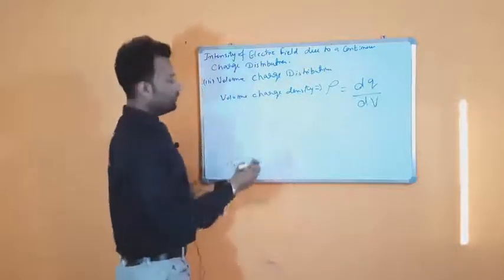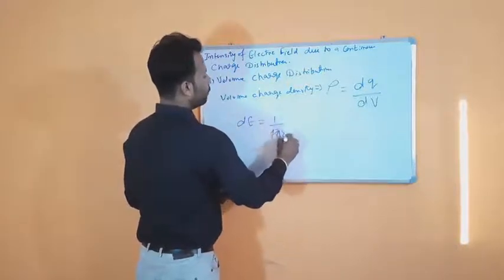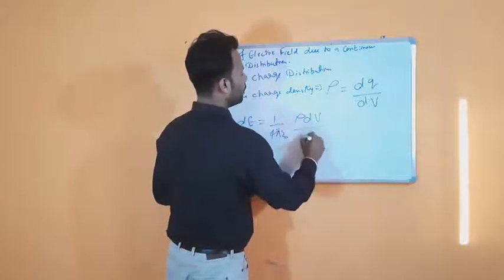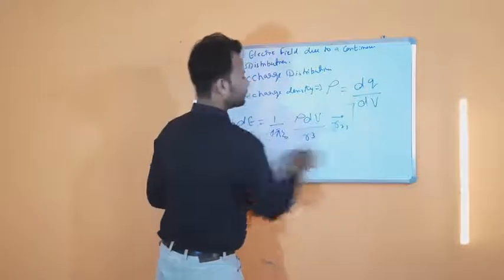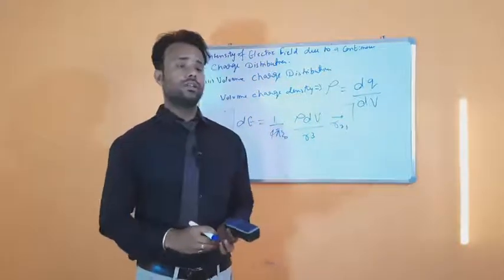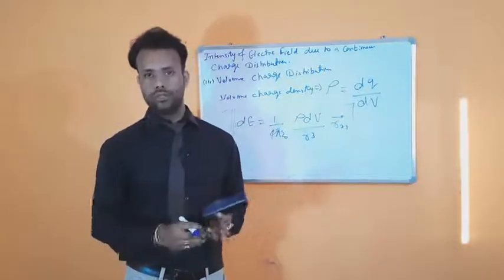So the electrical field will become dE equals 1 upon 4 pi epsilon naught, rho dV upon r cube, r21.